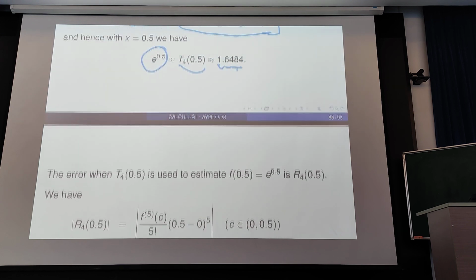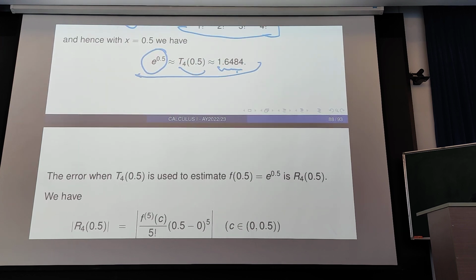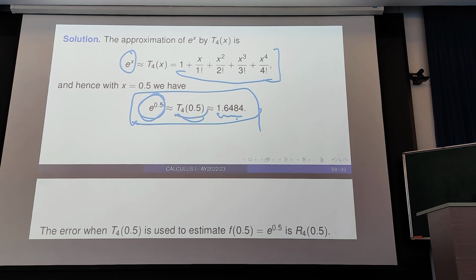The error of this estimation, this is an estimation, right? If you want to find this value and you don't have any calculator, you can approximate it by this value. You know that you can calculate this polynomial by hand, right?